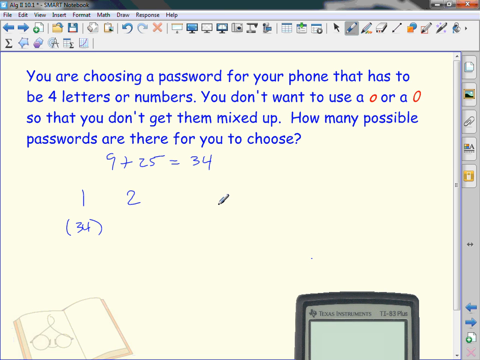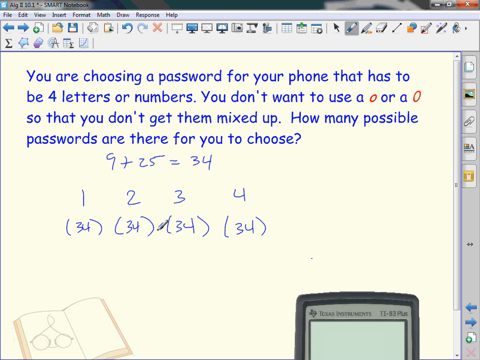For the second piece of my combination, how many possibilities do I have? 34. It's the same thing. How about for the third piece? 34. And how about the fourth piece? Same thing. There are 34 choices for each part of your combination.